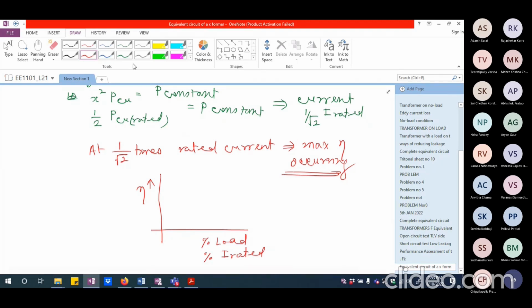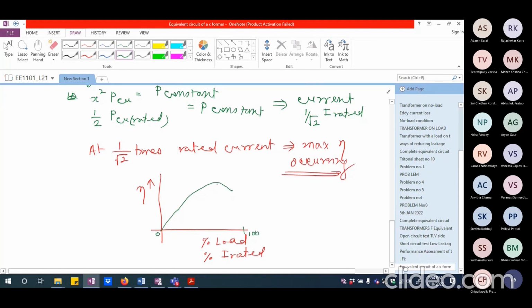Okay. So if I try to plot how the efficiency is changing, if this is 0 and this is 100% rated current, at 0 there is no output. If there is no output, efficiency is 0, obviously. So it will start from 0, it may peak at some point and then again come down.